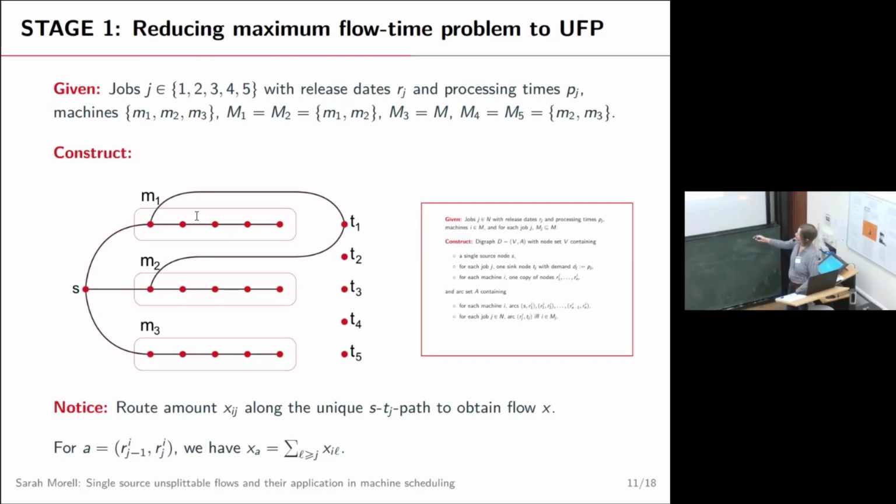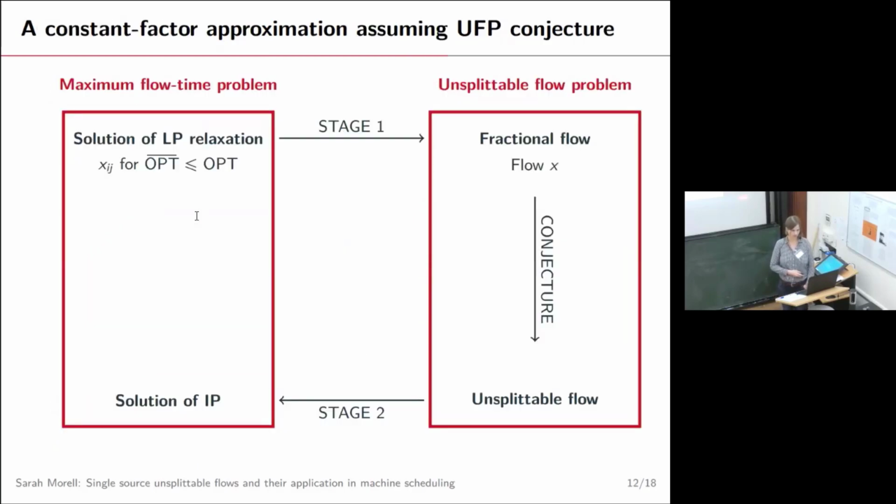Because if we would go from M1 to T3, the flow value x_13 would exit at this moment here. So it would use the arcs that are coming before that. Okay, I hope you're still with me.